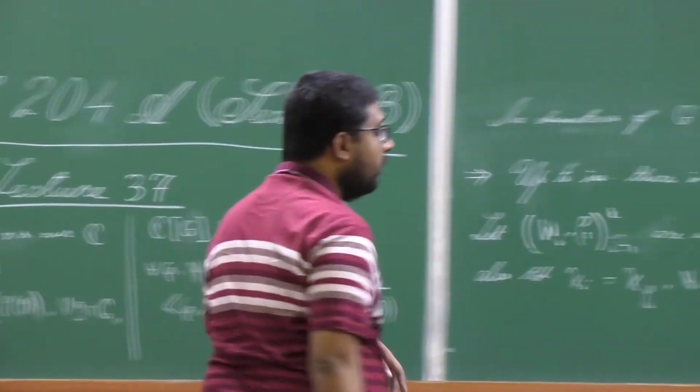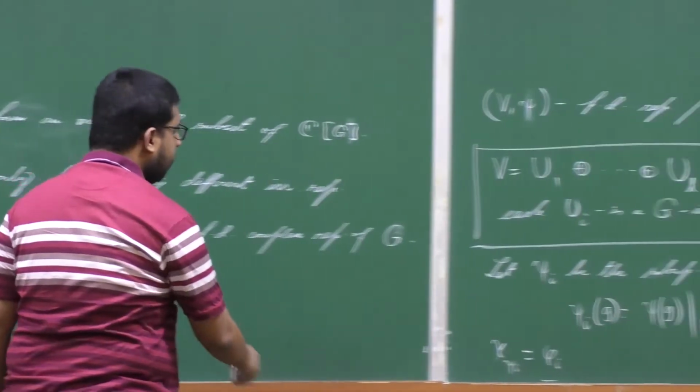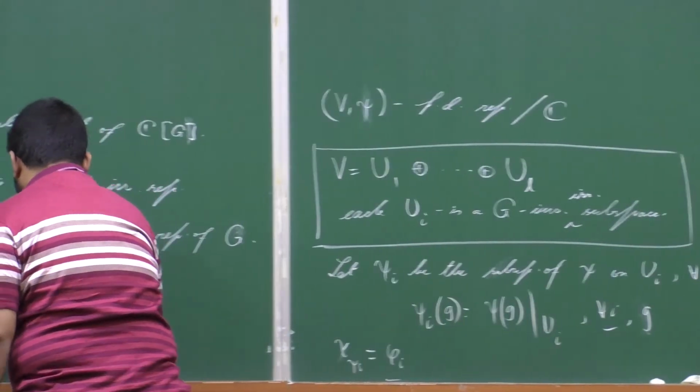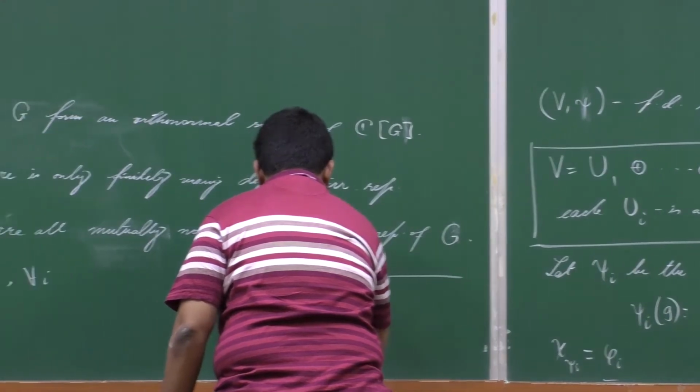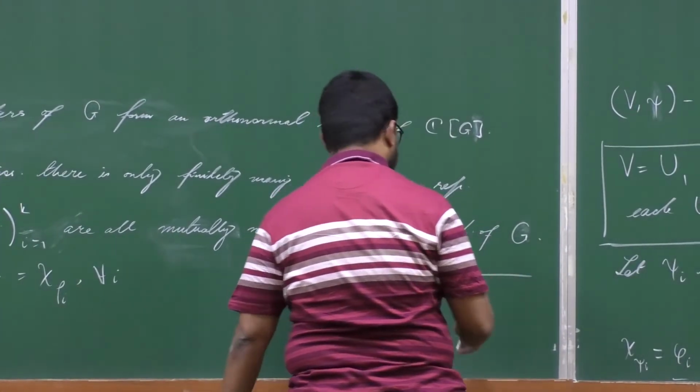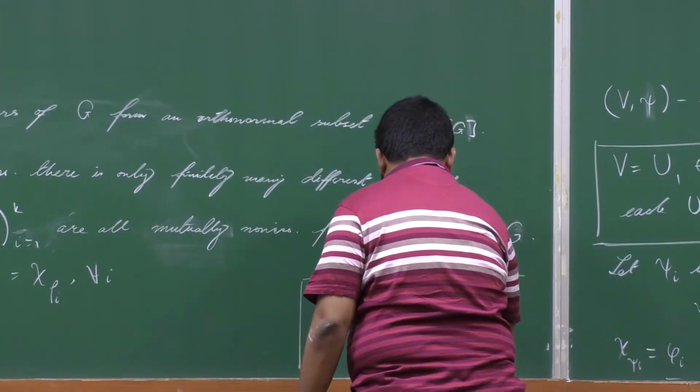Let me give you a very, very quick example. Suppose your vector space is C2 and the representation is the trivial representation.